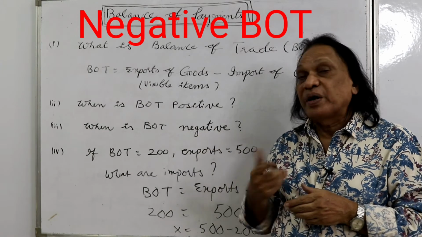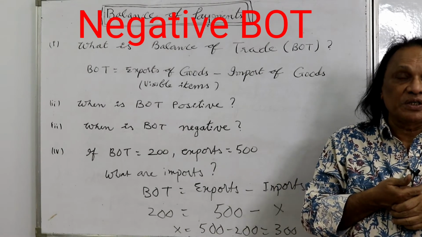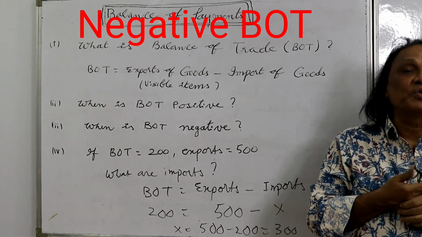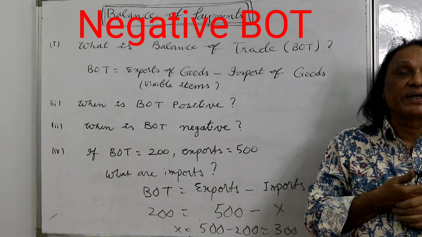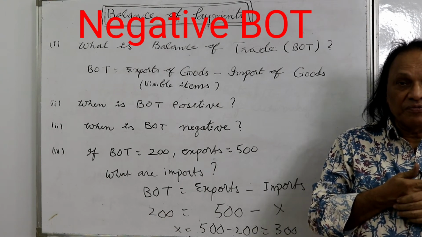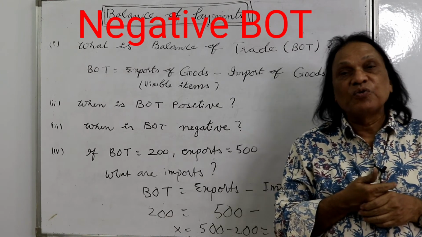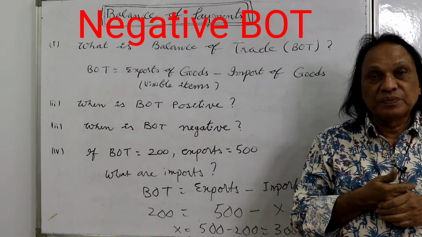When is BOT positive or surplus or favorable? BOT is favorable or positive or surplus when exports of goods are more than import of goods, when the exports of visible items are more than import of visible items. We exported 500 and imported 300, 200 is the surplus, positive.